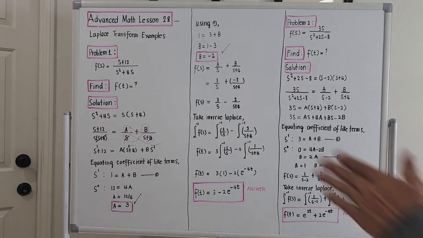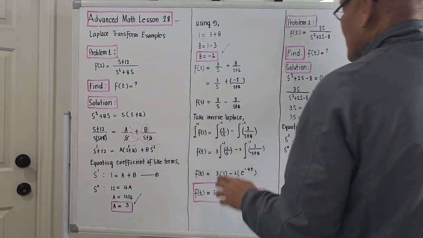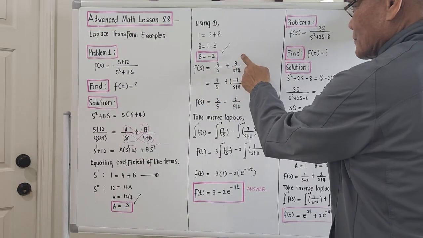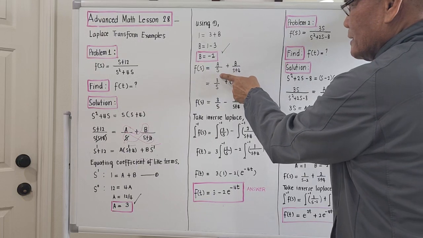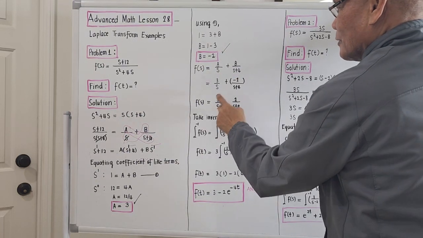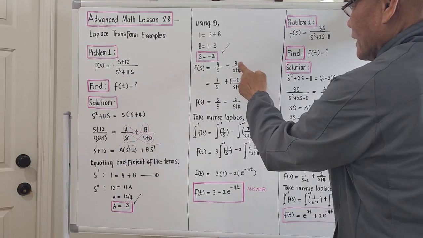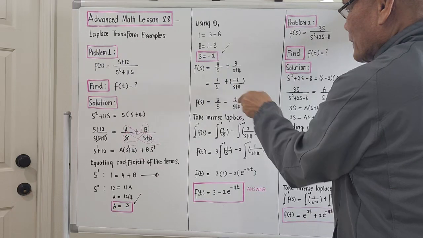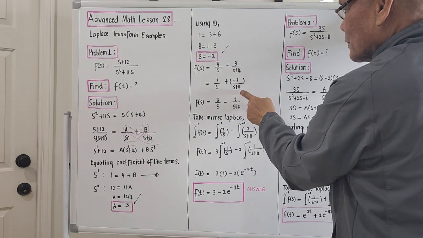Okay? So, going back to the given function of S, small letter f as a function of S should be equal to A over S plus B over S plus 4. This should be equal to A is actually 3 over S. Plus, open quantity. I put the quantity here because there is a sign for the value of B. Open quantity, the value of B is actually negative 2 all over S plus 4.